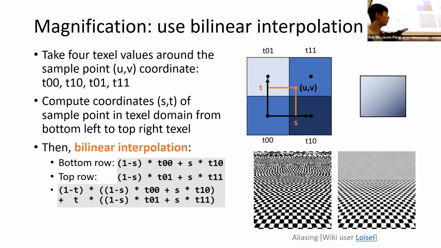On the bottom left, we were using the nearest pixel as the color for a particular pixel, and we get some jagged edges on the checkerboard pattern. But by applying this bilinear interpolation, we get smoother edges for our checkerboard pattern on the bottom of this image. Okay, so bilinear interpolation is one method of mitigating some of these magnification artifacts.